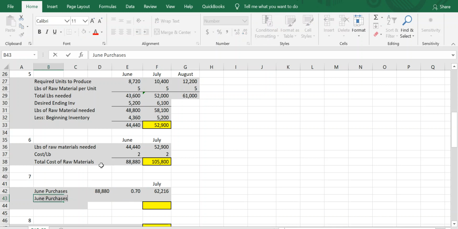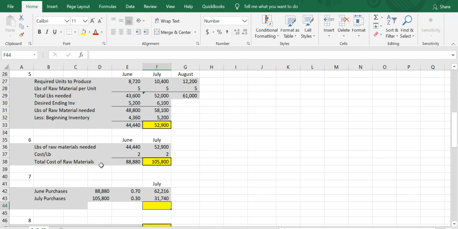For July purchases, we're going to take the 105,800 times 30%. And that'll give us 31,740.